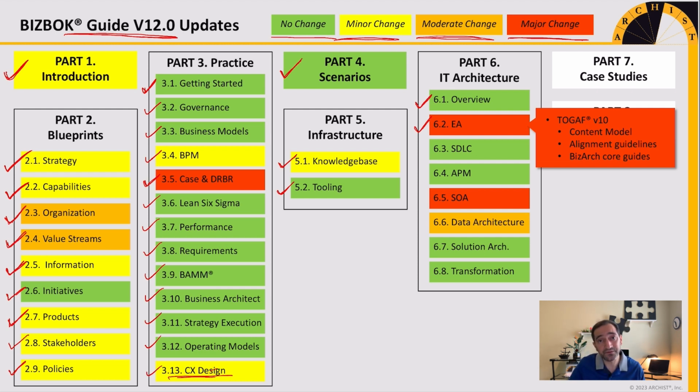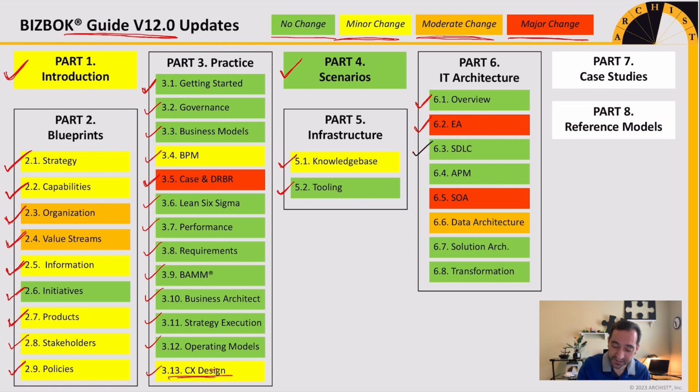And there is also reference to the 4 core guidelines that TOGAF version 10 has published on business architecture, and they are aligned to the 4 core domains of business architecture, which are capabilities, value streams, information, and organization.